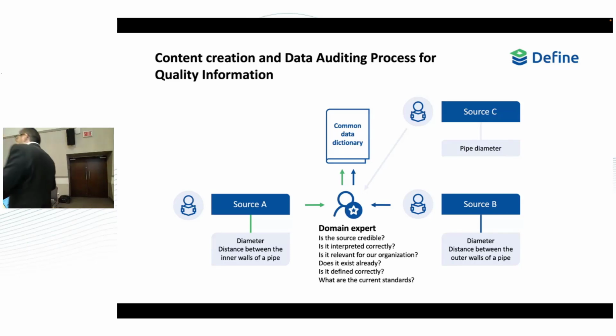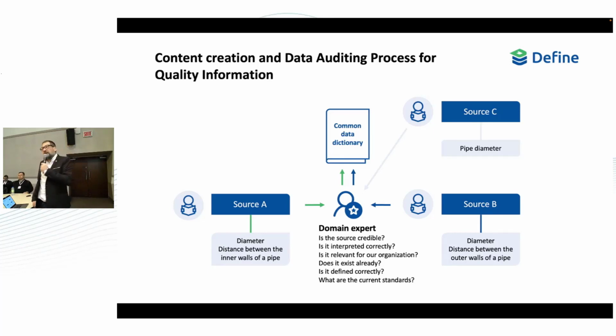Is this source credible? Yes, no. Has the source interpreted the document correctly? Yes, no. Is this really relevant? Does it already exist? We don't want to create duplicates. So we check if it exists, if it's well defined, and what the standards or reference documents attached to it are. If you check all the boxes, then you are allowed to use this quantitative tool, and you will be allowed to push it later on to the different tools.